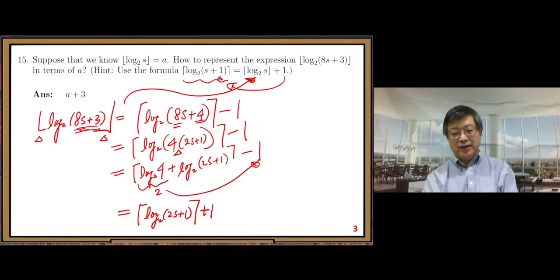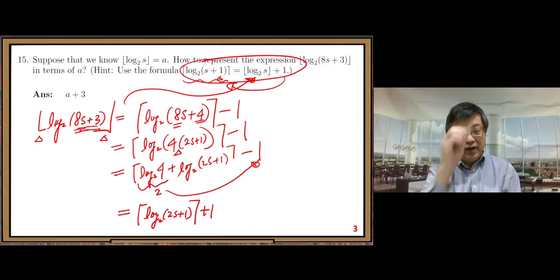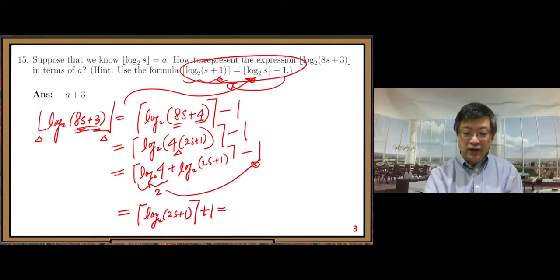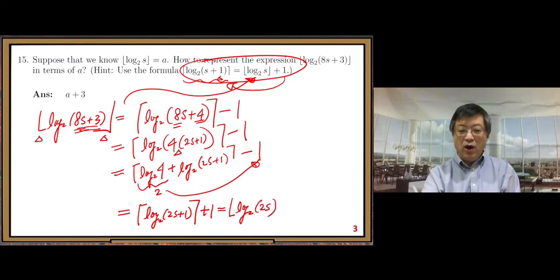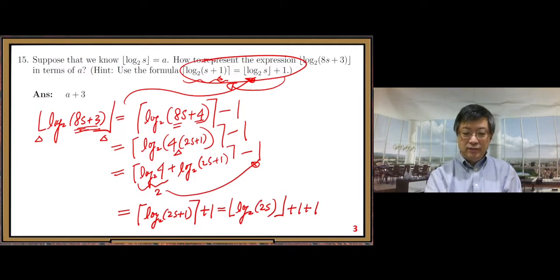All right. So then use this formula another time, with the ceiling function here. So we can have log base 2 floor function 2s, 1 is gone. Plus 1 plus 1, right? So 1 from this formula, 1 from the previous term. So 2 here.